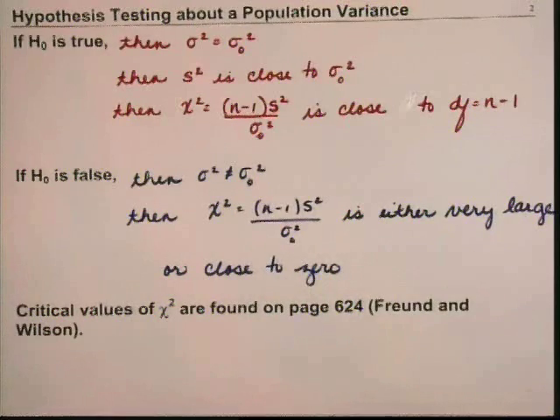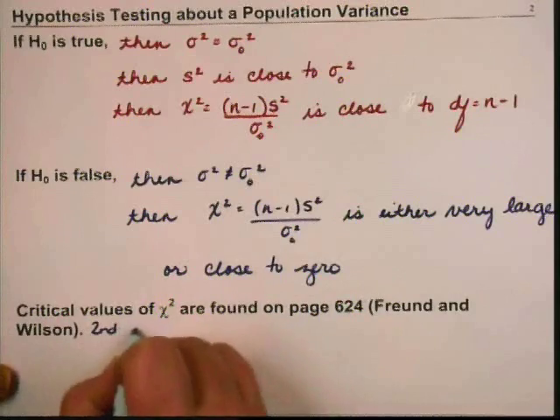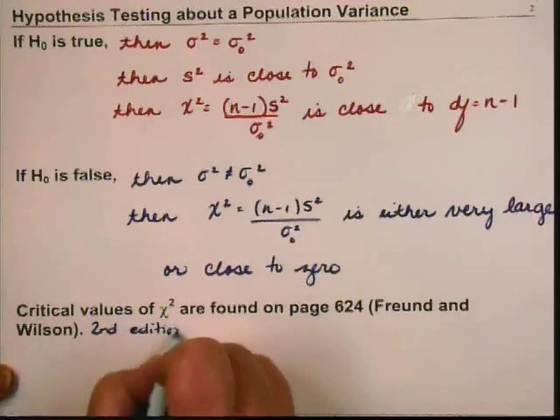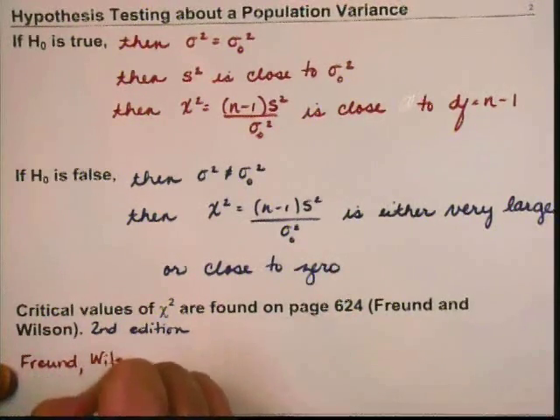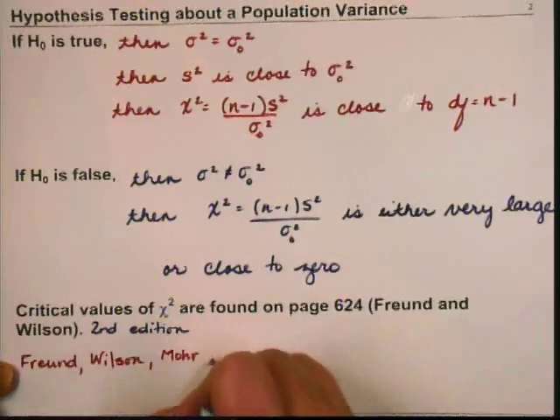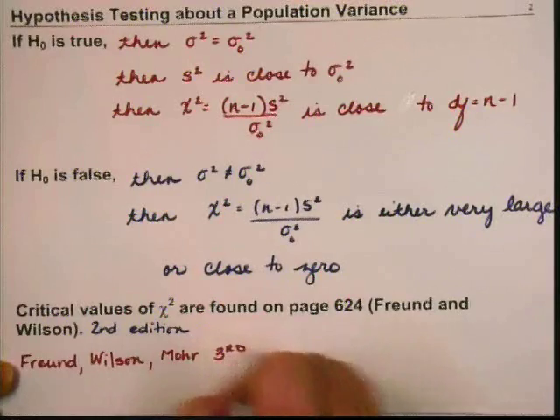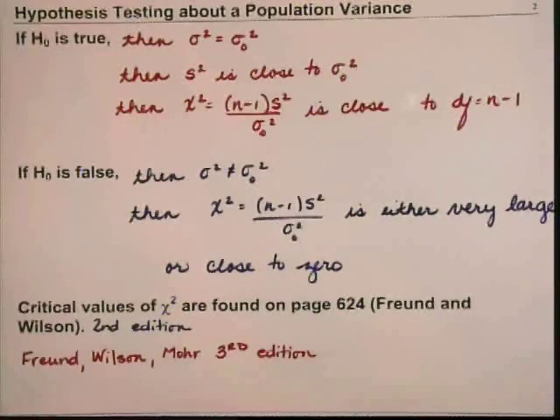The critical values of chi-square are found on page 624 in the Freund and Wilson second edition. And in the third edition, there were Freund, Wilson, and a third author, Moore, page 728.